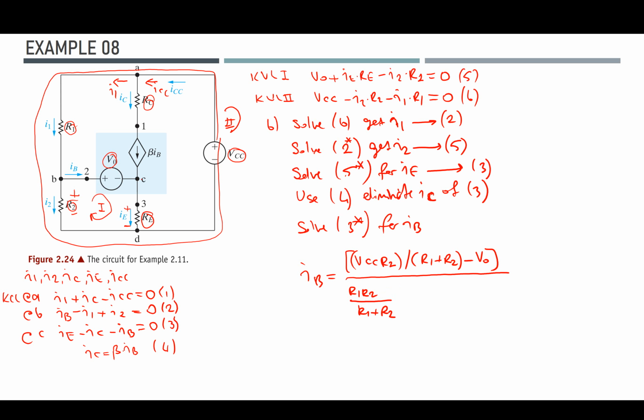This is basically the parallel equivalent of R1 and R2, plus 1 plus beta times RE. This is the general equation for obtaining the IB value, and if you follow this flow of solution, you will get to this result eventually.